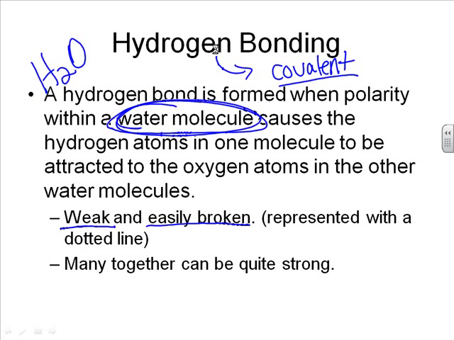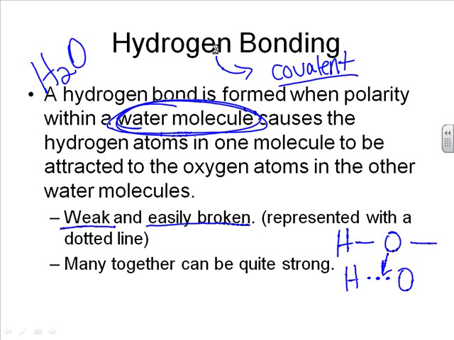You can very easily break apart the drops of water. Because it is a weak bond, instead of drawing it here with a solid line, we would draw it like this. The dotted line indicates weak and easily broken bonds.